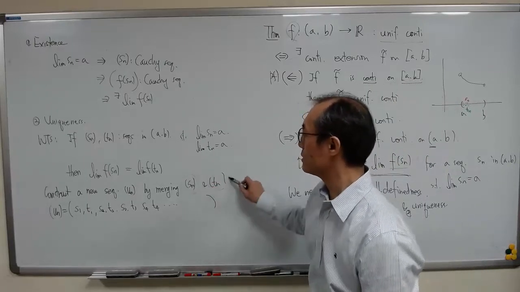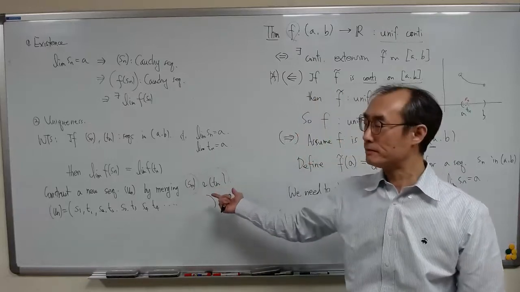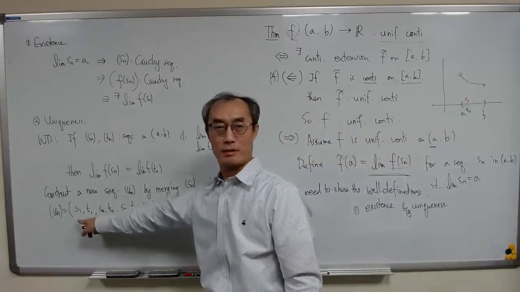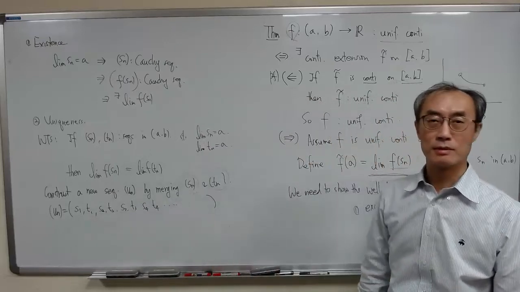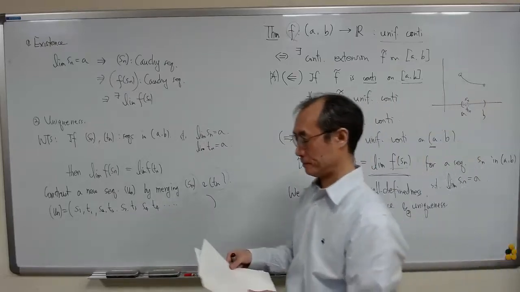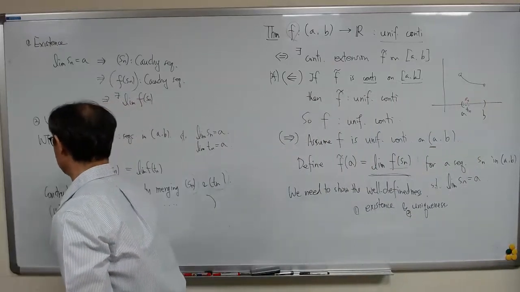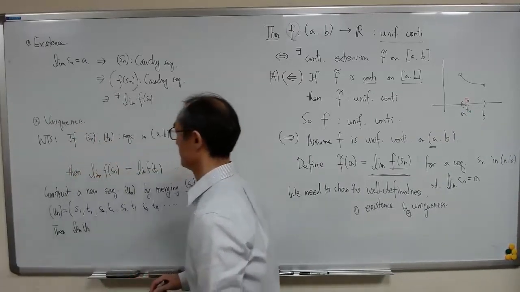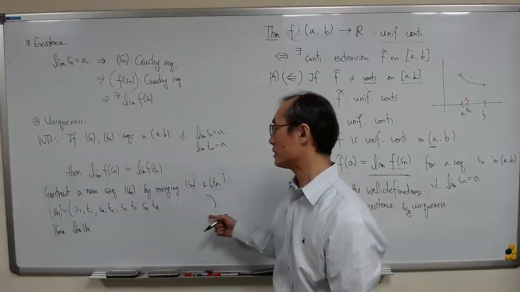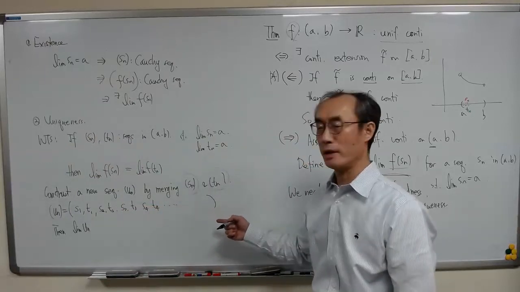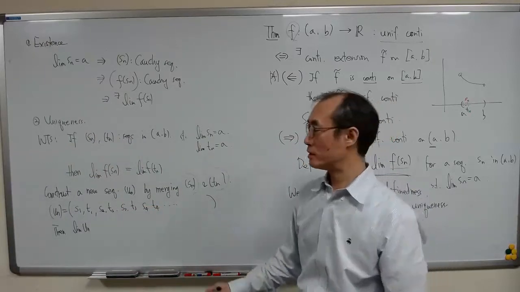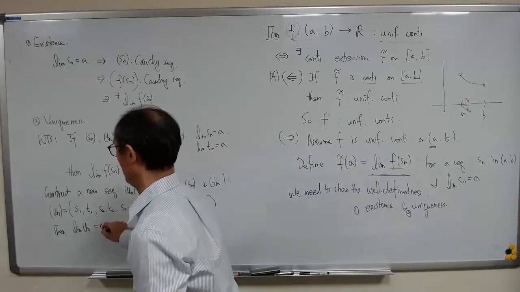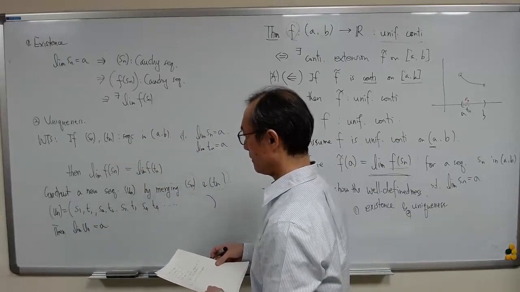Okay? By constructing the new sequence like this, those two original sequences, Sn and Tn, both of them are subsequences of this new sequence, right? Then, what's the limit of U? Since Sn converges to A and Tn converges to A, this sequence also converges to A. Okay?